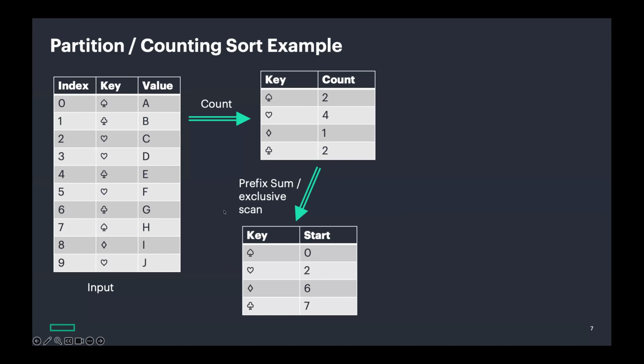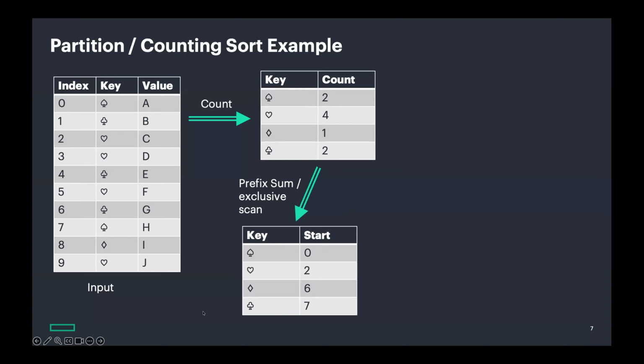In Chapel, the scan keyword is an inclusive scan. So that just means you would need to subtract the first count if you did this with the Chapel scan. And this gives us, all we did here is say, started at 0. And then for the next one, how many before? It was 2. So that's why 2 is here. And then for the next one, how many before? 2 plus 4 is 6.